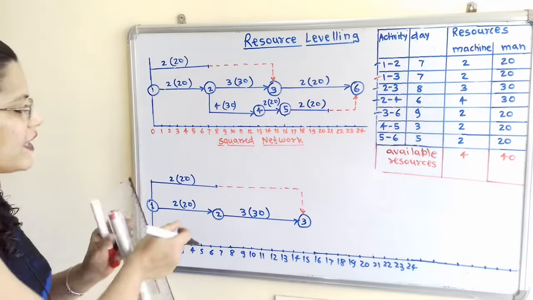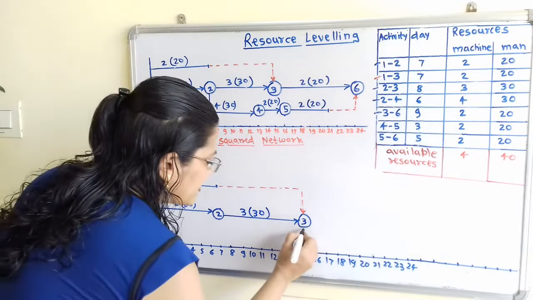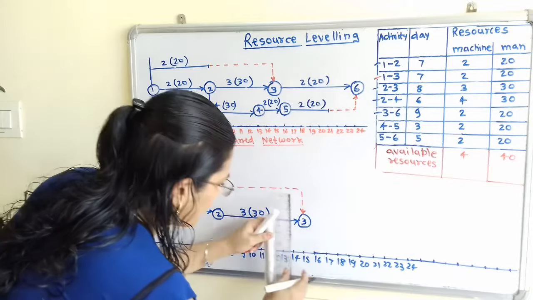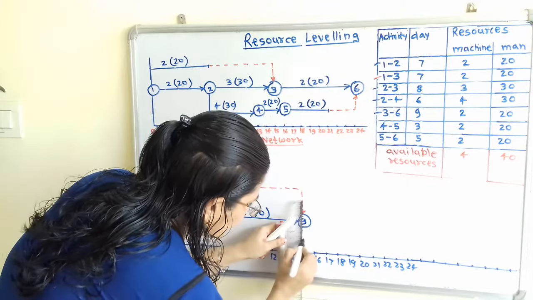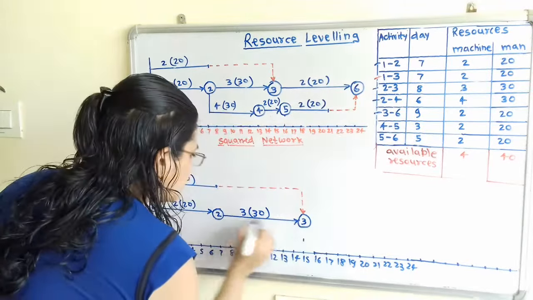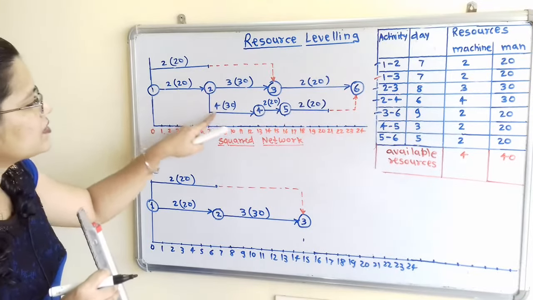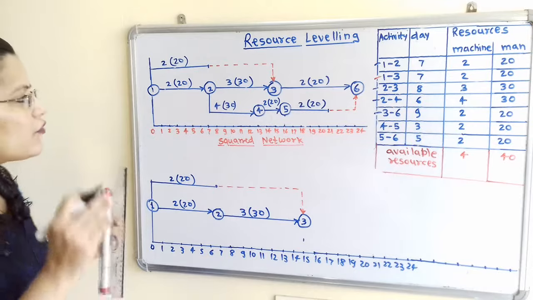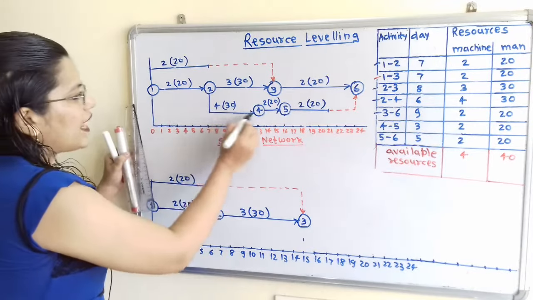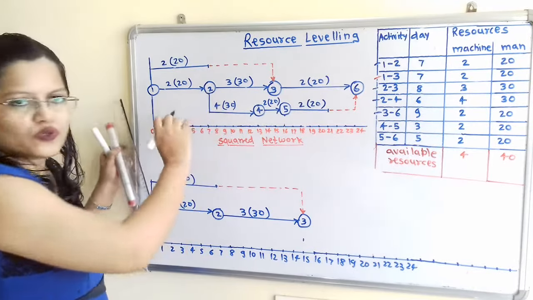So on the 15th day this activity is completed. So I will mark this point here. At this point 2 to 3 is completed, and then only we can start this process 2 to 4. Now remember, this 2 to 4 activity starts from this node 2.